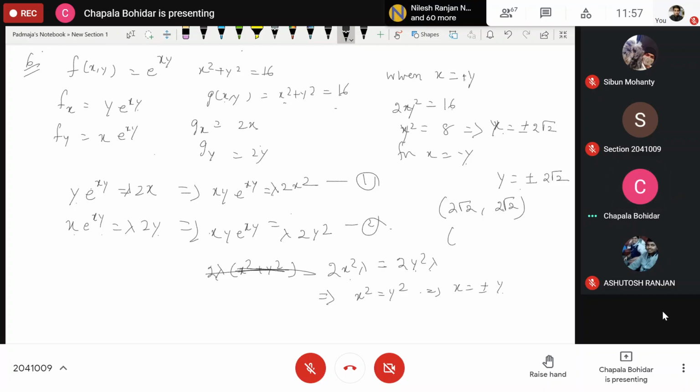So if x is equal to 2 root 2, y is minus 2 root 2. It is minus 2 root 2, plus 2 root 2. All are the critical points. Then minus 2 root 2, minus 2 root 2. At these 4 points, you find out the value.